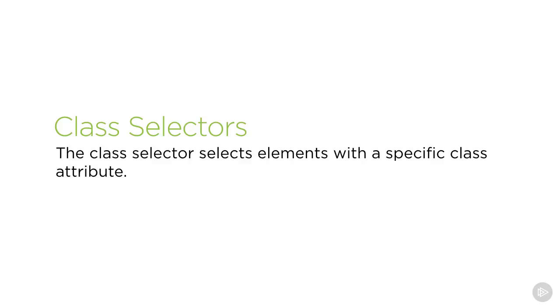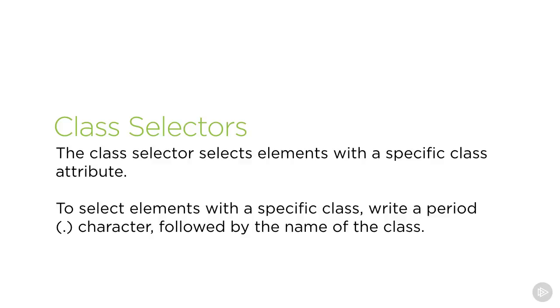So CSS animations allow me to animate in CSS, but I don't see that animation until I've applied that class from that animation to that object. To select elements in CSS, you need to have a period before that class name. This comes in handy, especially when we get into jQuery and we're selecting a class.